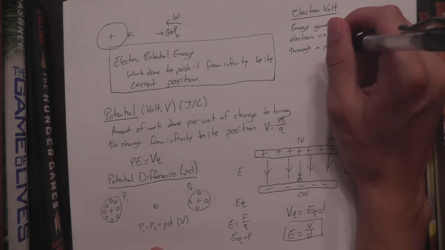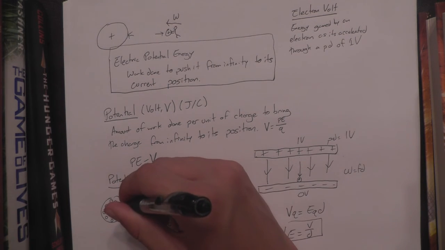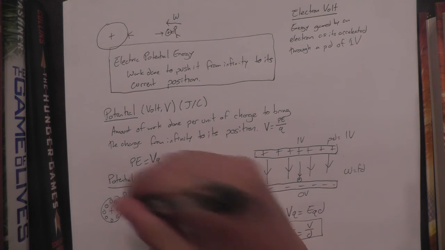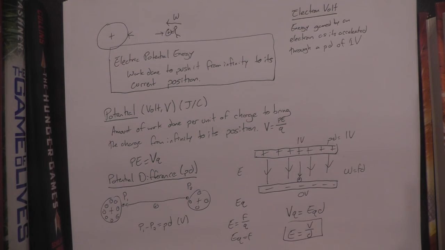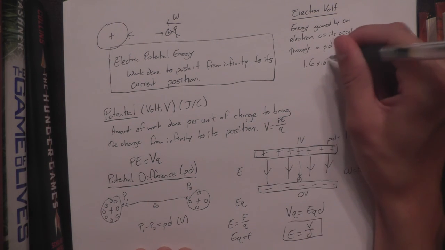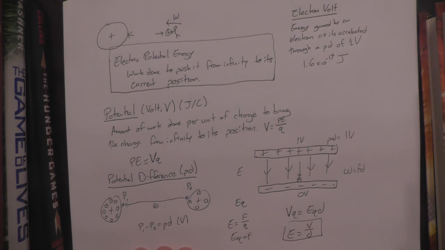So if we say the potential difference between P1 and P2 here is 1 volt, it would be an electron accelerated from over here all the way over there. And that is approximately equal to 1.6 times 10 to the negative 19 joules. You can see why it would be easier to use electron volts, because that is an incredibly small number.